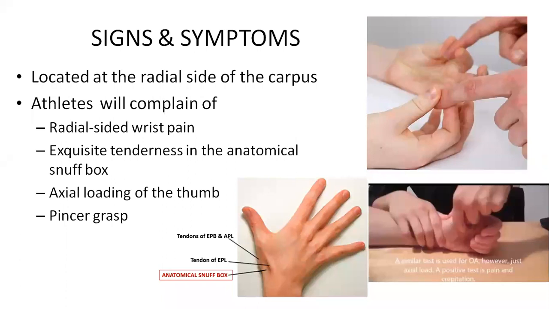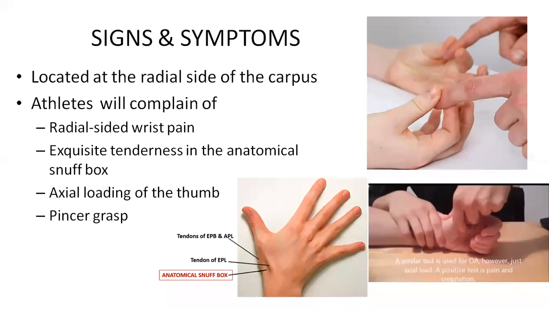As we can see in the picture below, there is an anatomical snuffbox. It is a triangular space, a deepening on the radial side. More specifically, it is on the radial dorsal aspect of the hand at the level of the carpal bones. Specifically, which carpal bones?